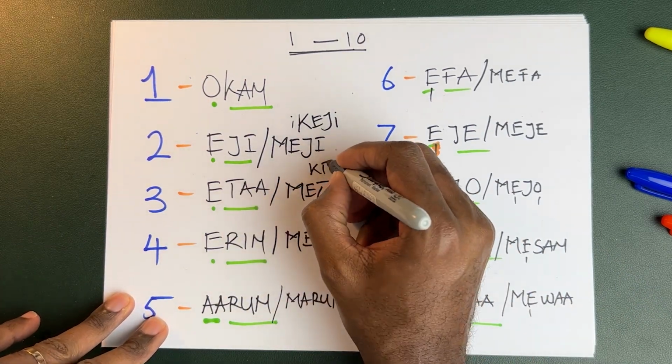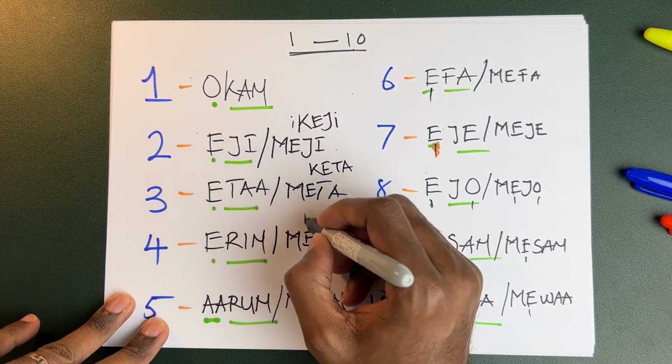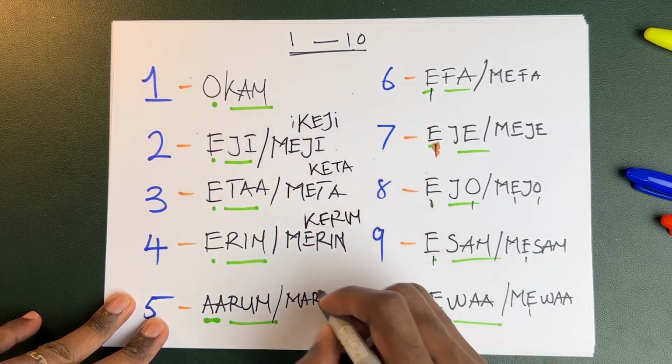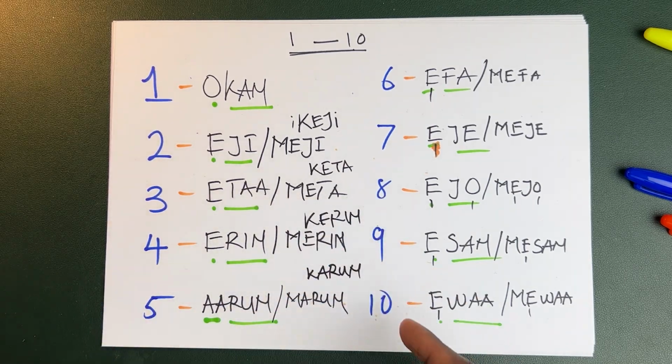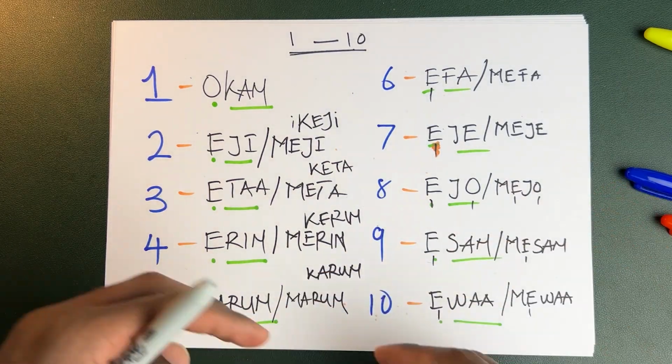Kẹta, kẹrin, karùn. So the K as a prefix now means the position. I came second. Èmi ni mo kejì. So the K there lets you know that the number you're talking about is in terms of position. Èmi ni mo kẹfà. I was the 6th.